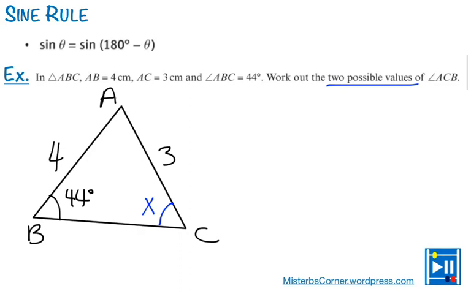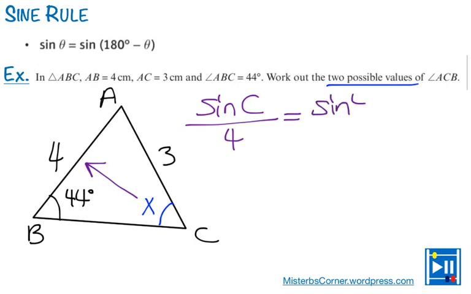ACB, right? So if we calculate this, I'll go like sine of the angle C across that we have 4, right? And sine of 44 on the other side over 3, across 44 is 3.